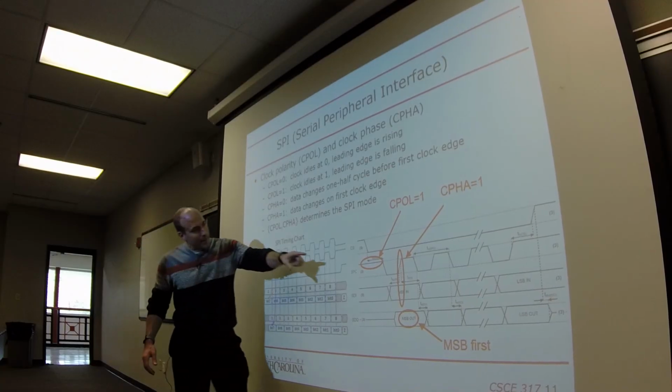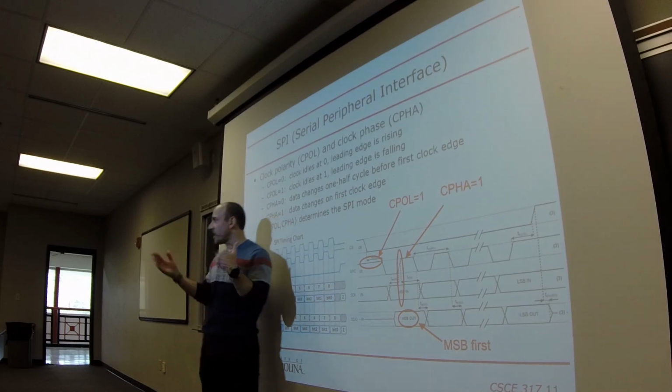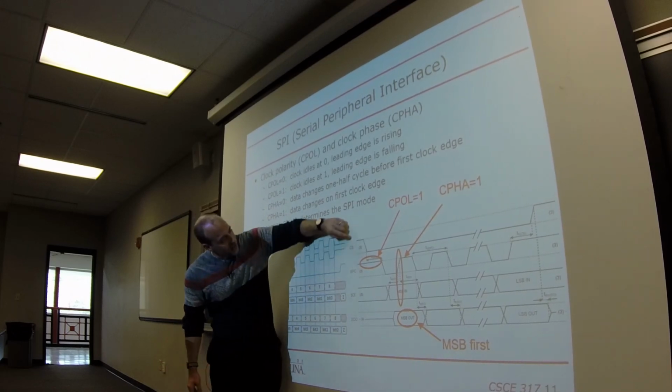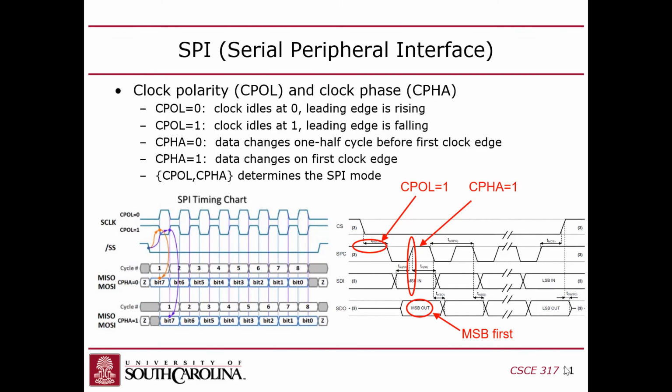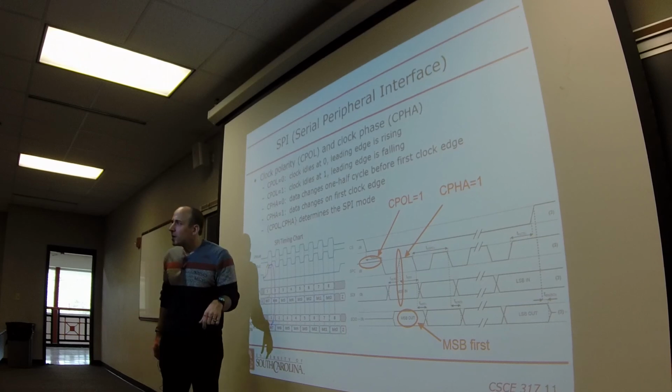Well, you look at the timing diagram, and CPOL basically defines whether the clock is high or low by default. You can see at the beginning of the timing diagram, the clock is high, right? So CPOL should be 1. CFA is a little bit harder to figure out. Basically, if CFA is 1, you're going to latch the data, you're going to read the data on the second edge of the clock, right?